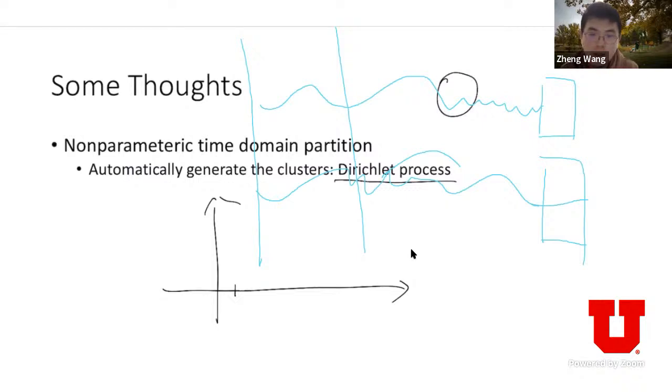If it's a black one, you create a new category, otherwise you just put it in its own category. In this way, we might generate groups automatically. Okay, nice.